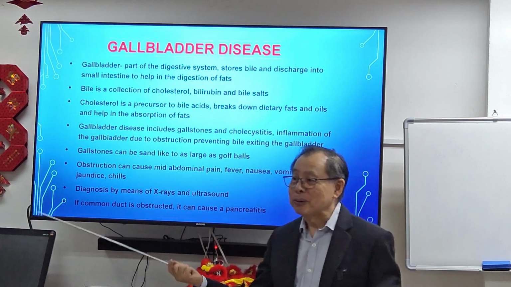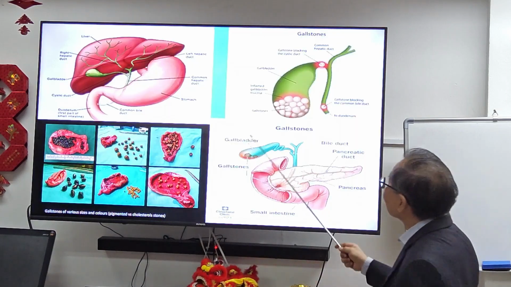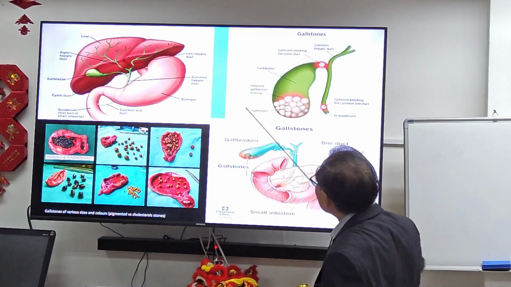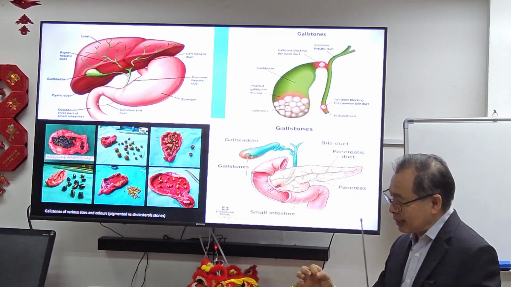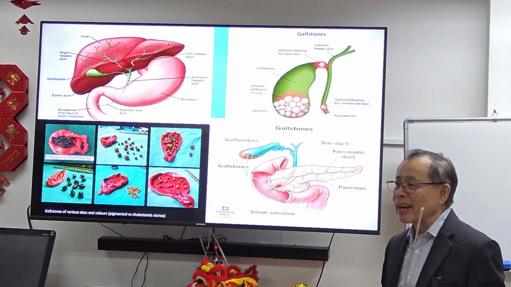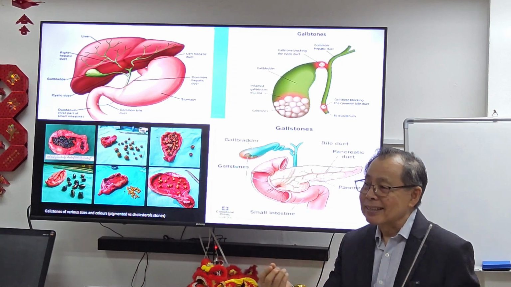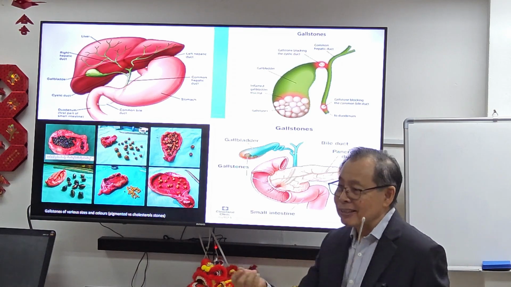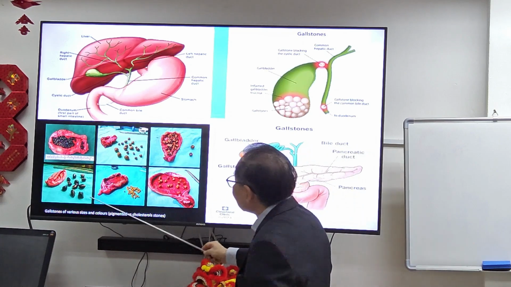So my gallbladder was removed. When it was removed, my gallbladder had gallstones of tiny size, maybe half the size of the small glass beads that your children play with. It looks like this. It can be quite large.